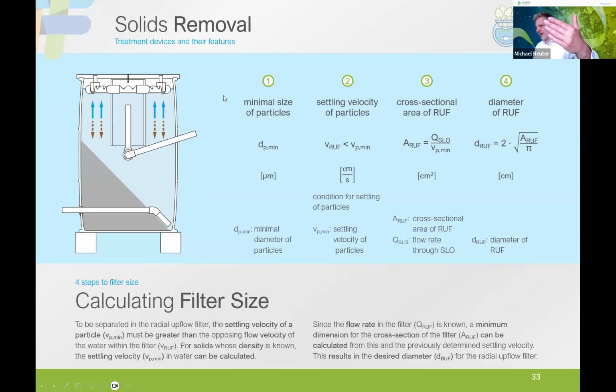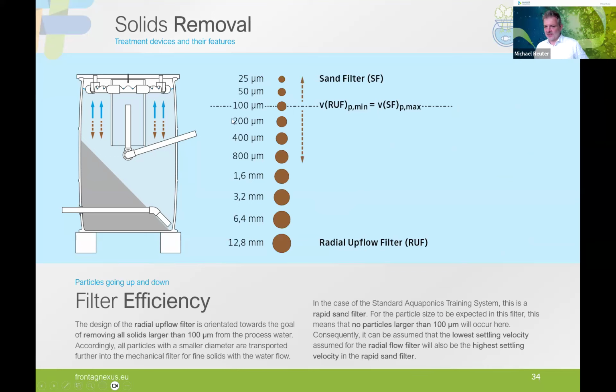And we can also go the other way around: define which size of particles we want to settle out, calculate the settling velocity for these particles, and then calculate how large the cross-sectional area of our filter should be. And then we come up to a certain value, let's say 100 micrometers, that will settle down in the radial upflow filter, and everything that is smaller will obviously go up with the stream to the overflow and get out of the filter without being filtered.